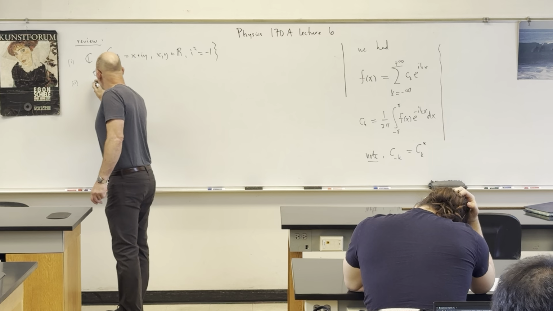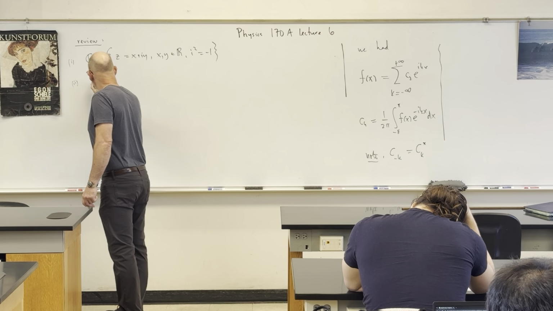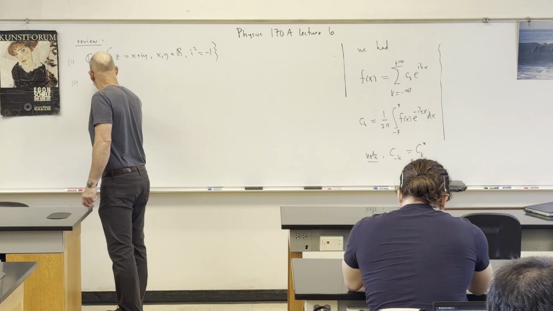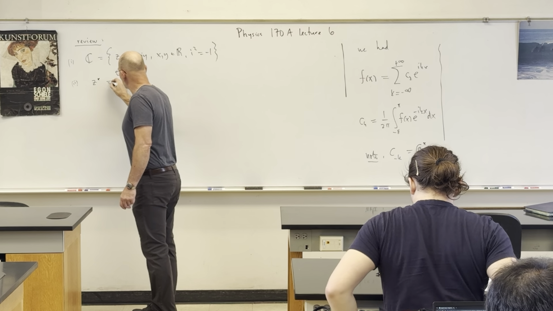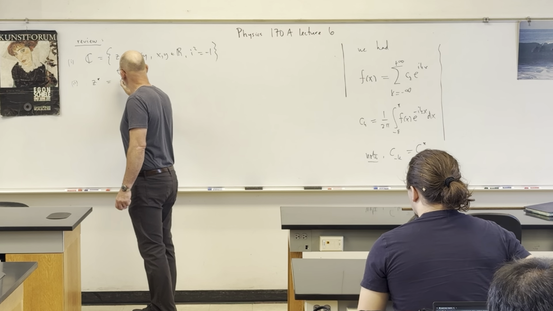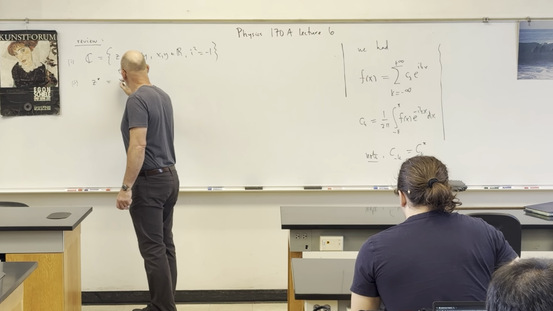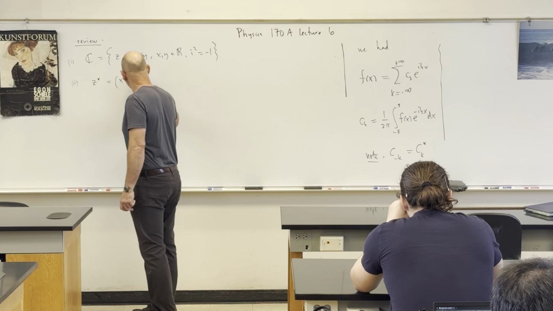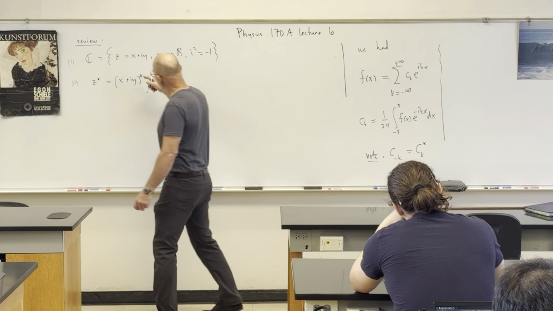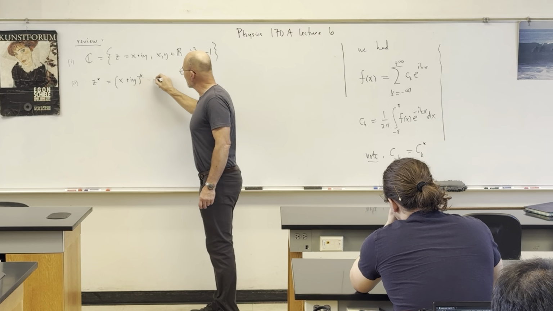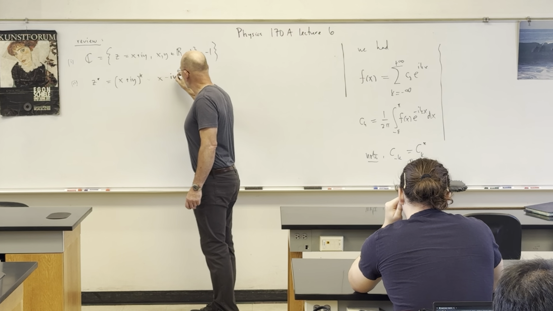A very important property here is the complex conjugate, z star, which is defined as the conjugate of x plus iy being just x minus iy.